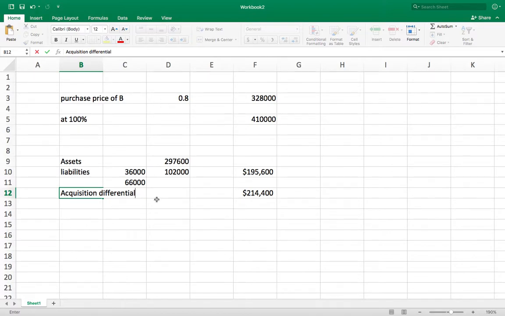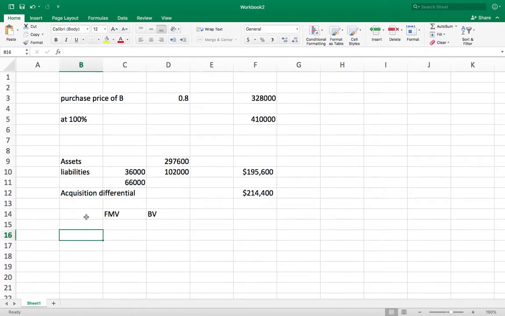So now we have to see where this price went. When you buy a building, sometimes the building value can increase. The book value can be different from the actual value. So we have to see why we paid 214,000. What I do is put fair market value here and book value here.